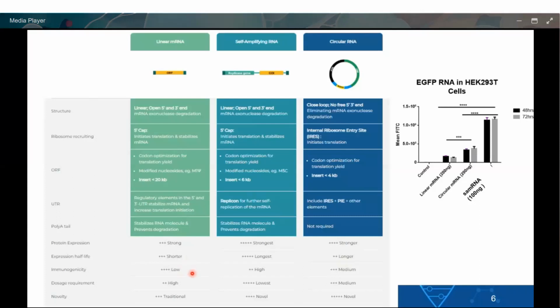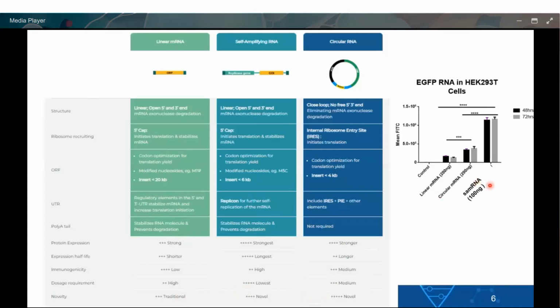For immunogenicity, number 1 is saRNA, number 2 is circular RNA, and immunogenicity for linear mRNA is the lowest. And for dosage requirement, of course, self-amplified needs the lowest, and the second one is circular RNA. And for the novelty, linear mRNA is the traditional one, and these two are the new ones.